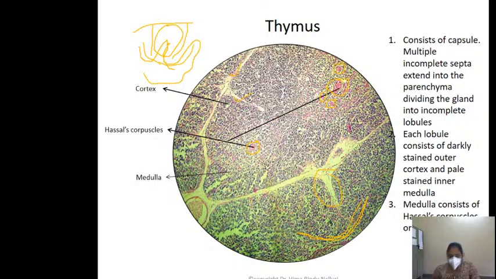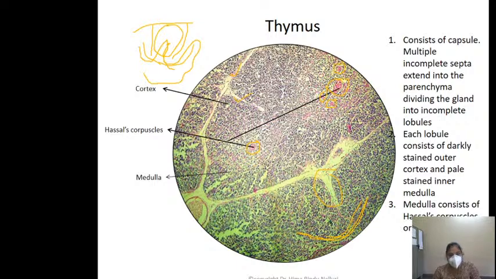Clear? So now we have discussed 4 slides in the lymphoid tissue: the lymph node, palatine tonsil, spleen, and thymus. The first 3 slides can be identified by the presence of lymphoid follicles, and the thymus by the absence of follicular arrangement. For the lymph node, you have the cortex and medulla, and its structure is distinct.